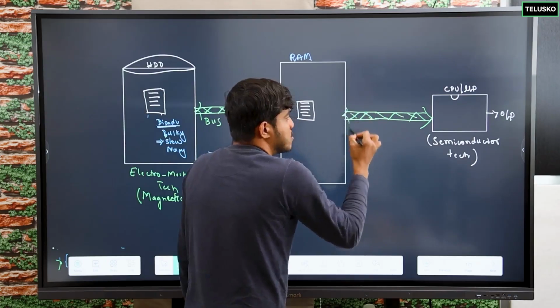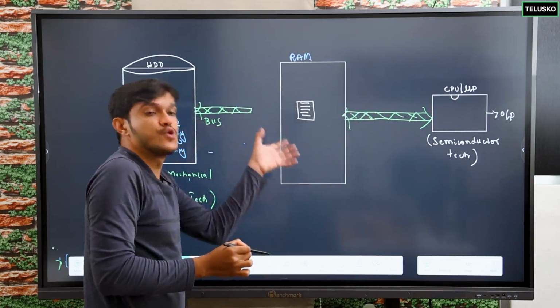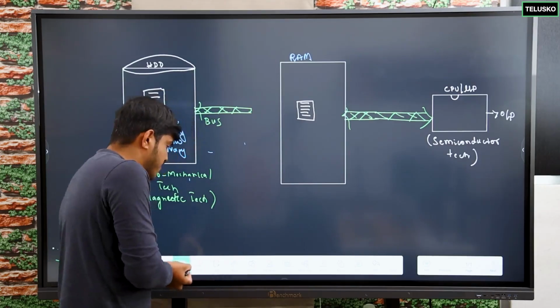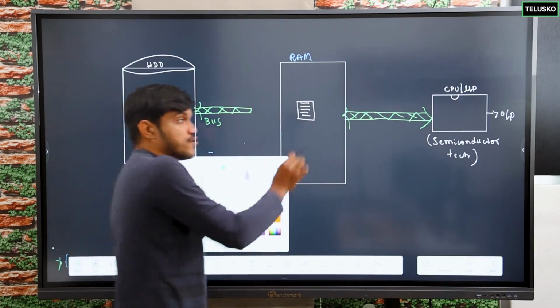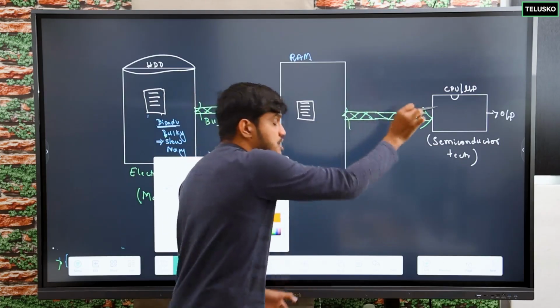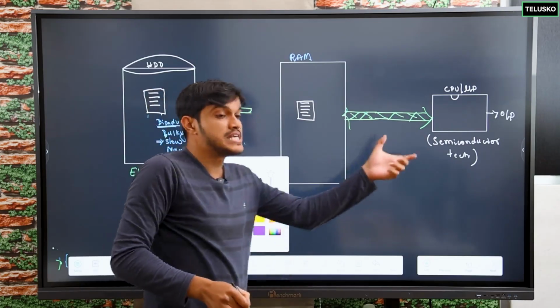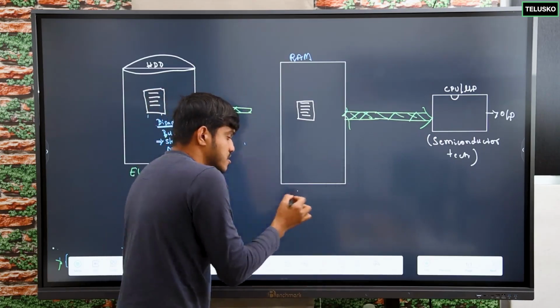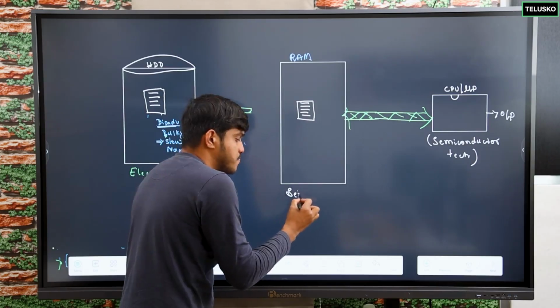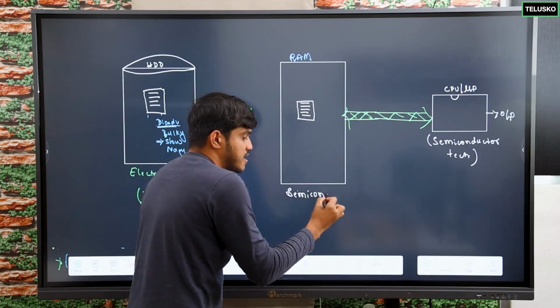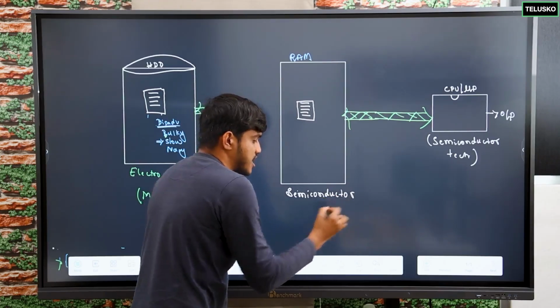Can you guess what technology they might have used to manufacture this? Of course, if you want to match the speed of the CPU, it should be the same technology with which your CPU is manufactured, which is none other than semiconductor technology.